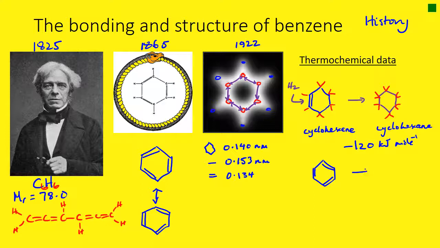What you would expect if you hydrogenated that, putting hydrogens onto this double bond, that double bond, and this double bond, is 3 times 120 to make cyclohexane. So this was the expectation: minus 360 kilojoules per mole.